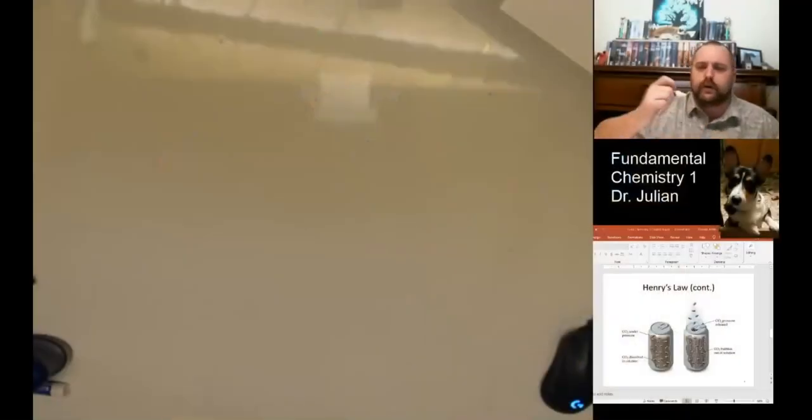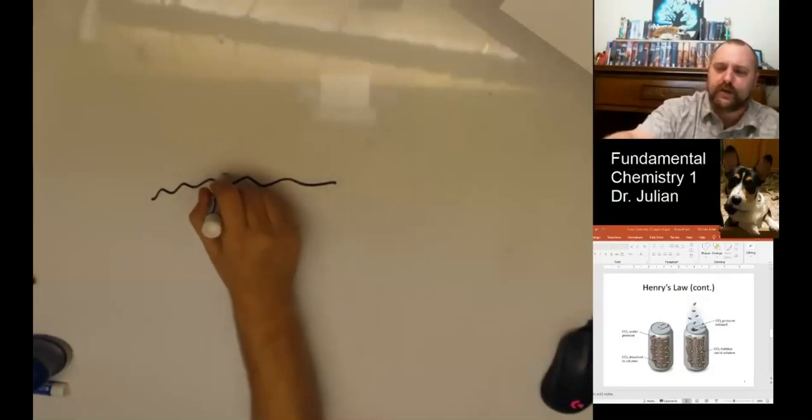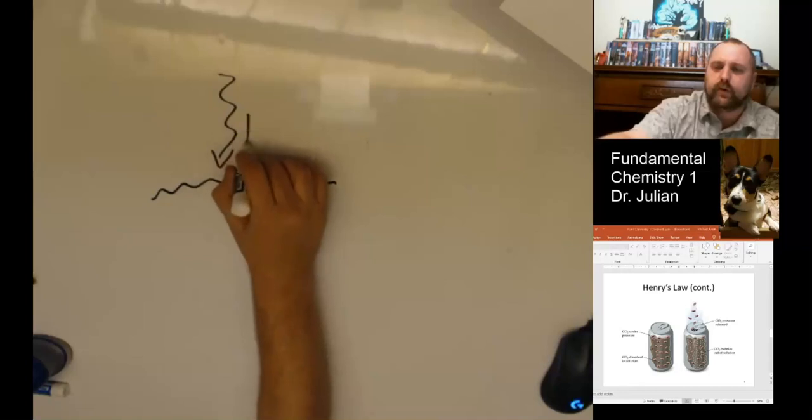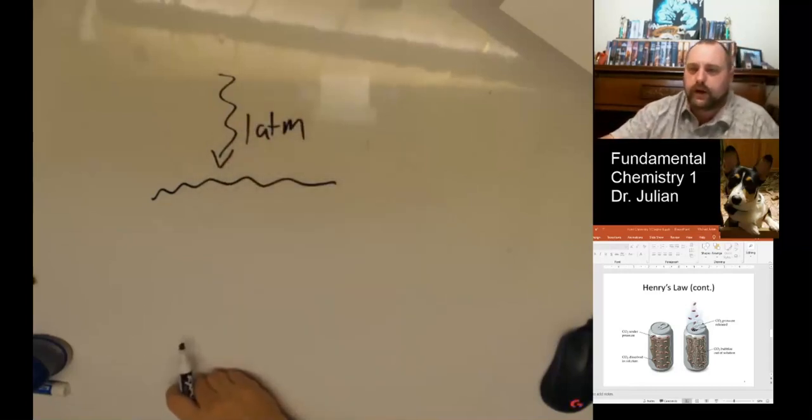Okay. So this also is the reason why we have to worry about scuba divers. When you go scuba diving, let's pick on salt water. So if I'm doing salt water and I'm sitting here at the surface, out in the ocean, I have 1 atmosphere of air pressure above me.